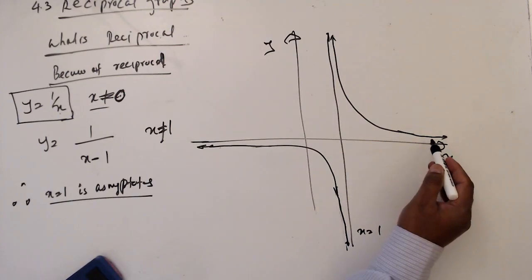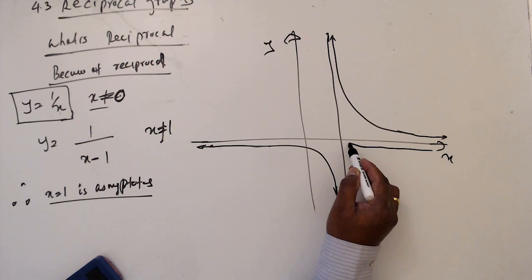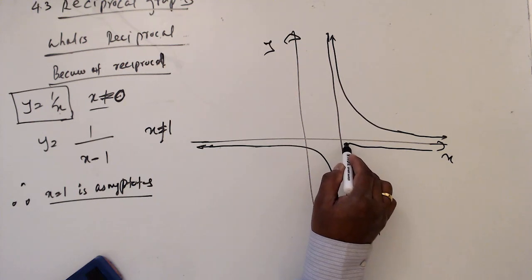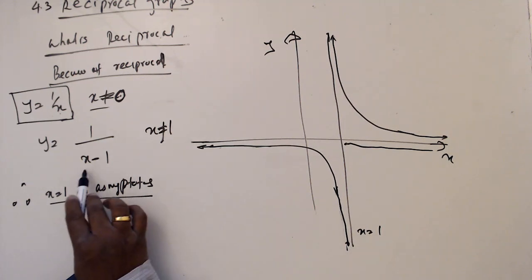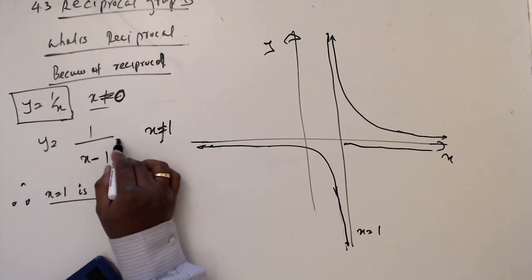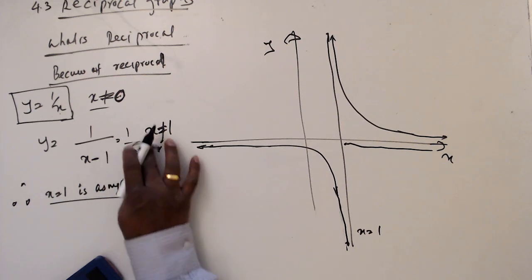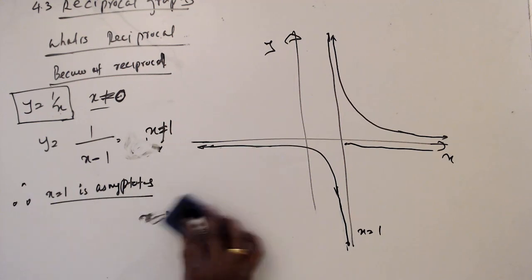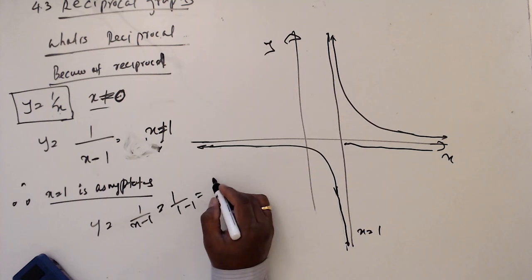Now in this graph, this x value can come closer and closer, but it will never come to x equal 1. Because when you put x equal 1, this becomes 1 over 1 minus 1, which is 1 over 0, and that becomes infinity.